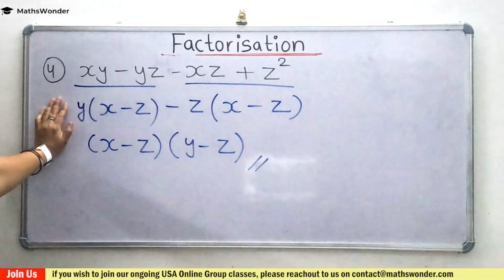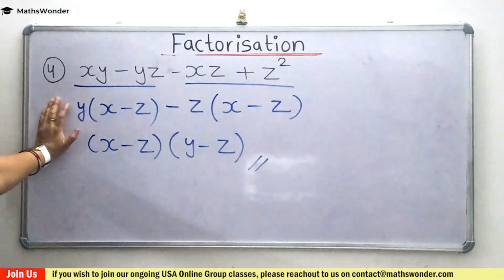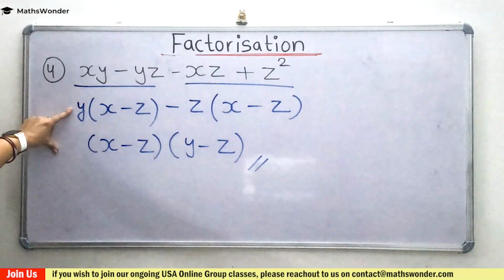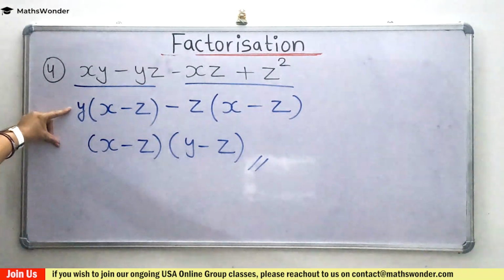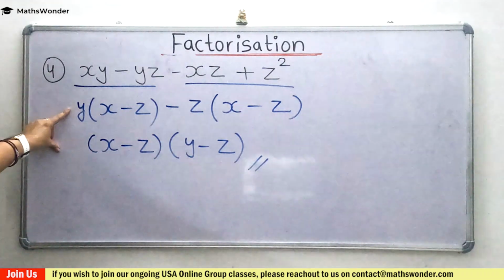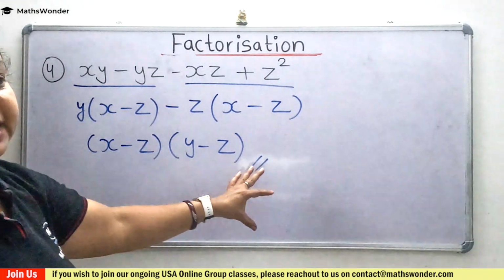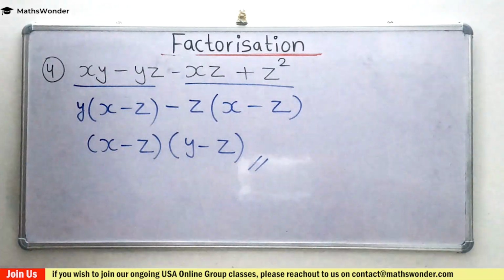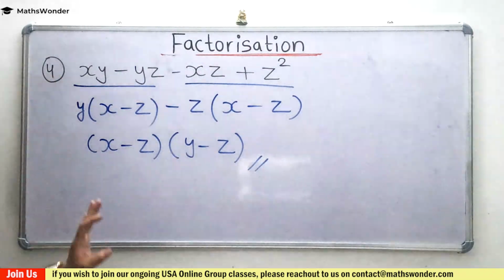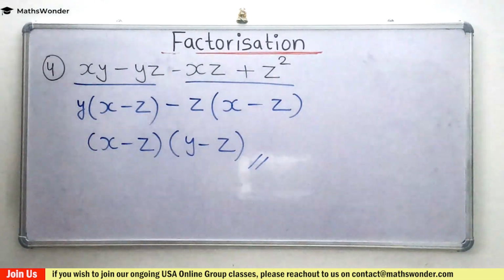So in that case, what we did, we arranged in suitable groups like this, right? I have grouped it in suitable groups so that all groups have a common factor. Then the process of factorization becomes easy and simple. Otherwise, not possible to solve this question without arranging this one, okay?